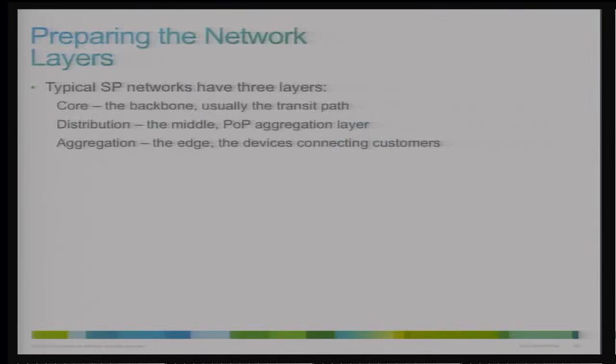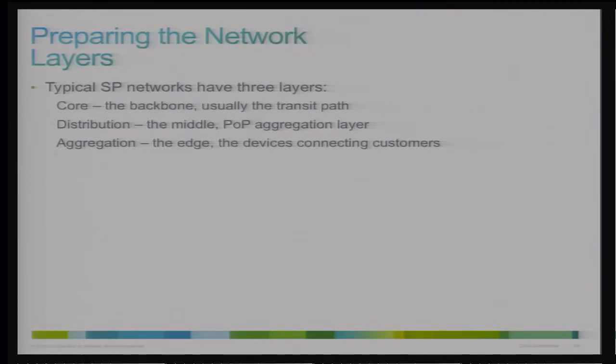So typically, depending on your network, you will have different layers. Core, distribution, aggregation. You may have a collapsed two-layer network. You may have even additional layers, super core, core, distribution, and aggregation, depending on your network and how you evolve it.